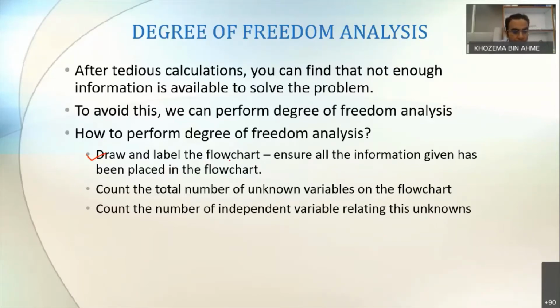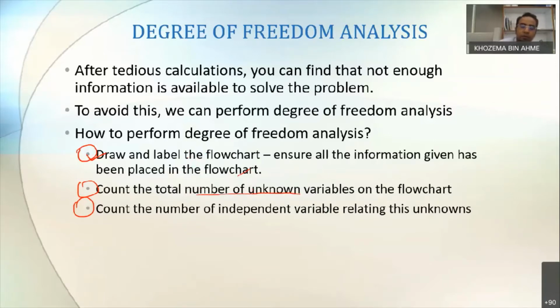Then we need to count the total number of unknown variables on the flowchart. And we also need to find the number of independent variables relating to these unknowns. Please pay attention to this. That is why I put a lot of emphasis on drawing and labeling completely, because whatever you have drawn and labeled in your flowchart, you will use that information to count your number of unknowns.